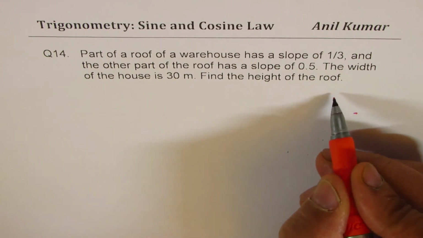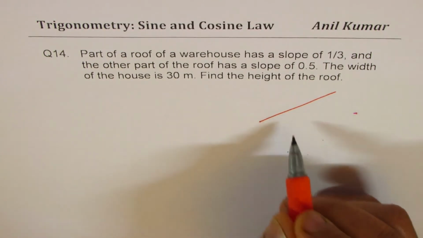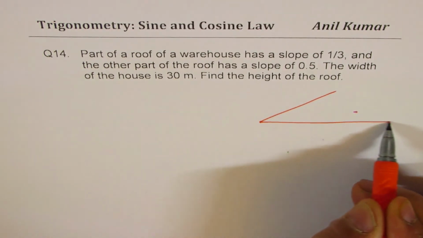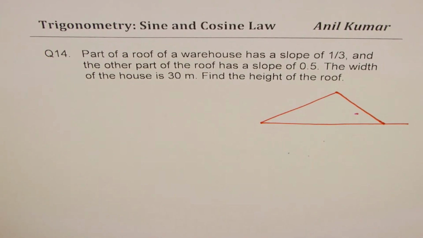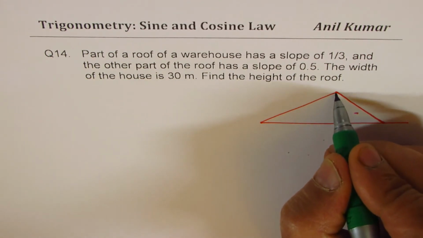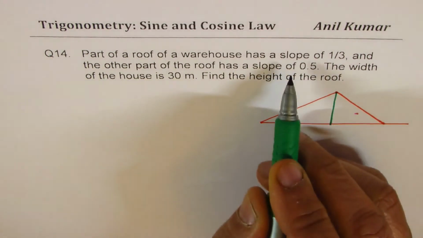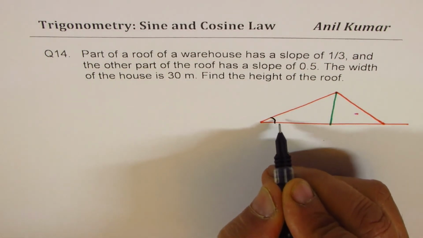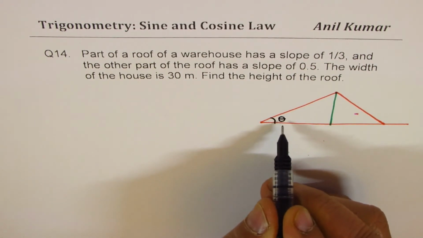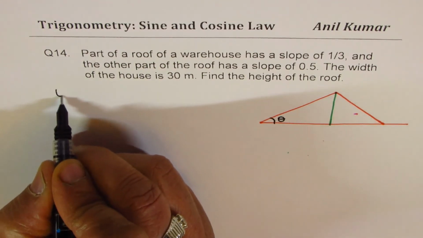So what we're given here is, let me just sketch here. Let's say this is a 30-meter long roof. So part of the roof has a slope of 1/3, right? So let's say this angle is theta. We can find this angle theta.